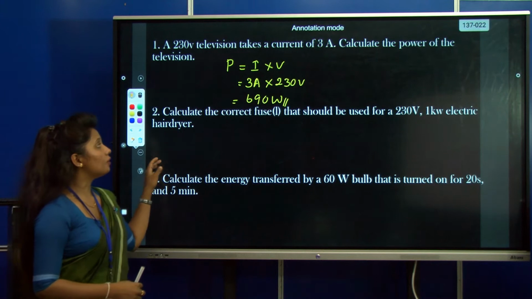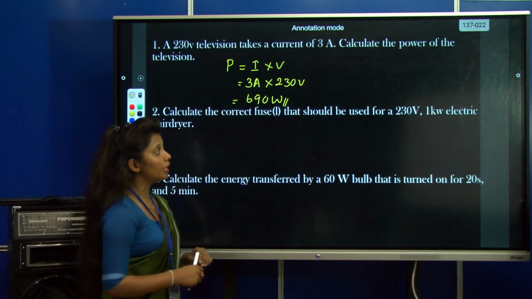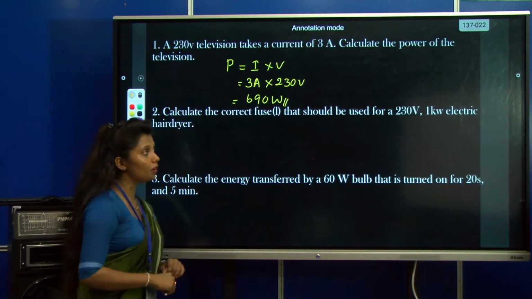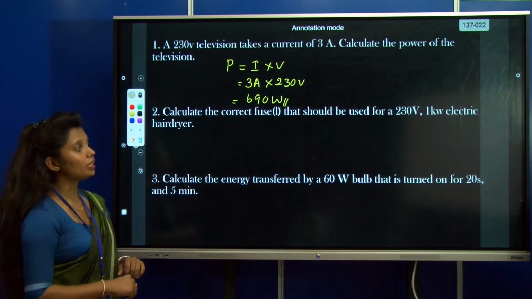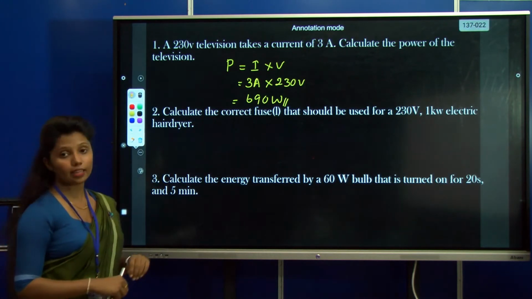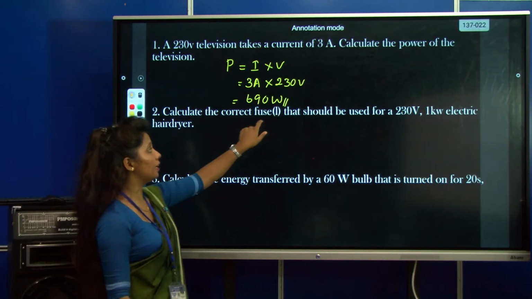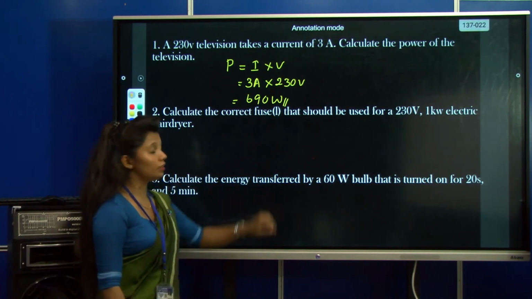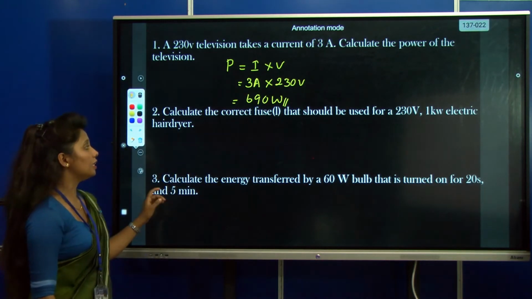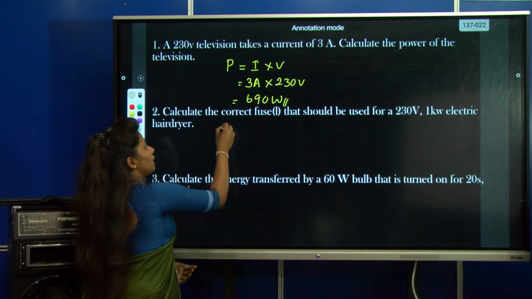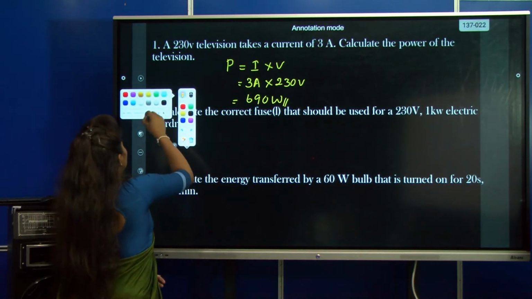Second one, calculate the correct fuse that should be used for a 230 volt, 1 kilowatt electric hair dryer. So, here they are expecting us to find the fuse current I. So, here we have to rearrange the formula.